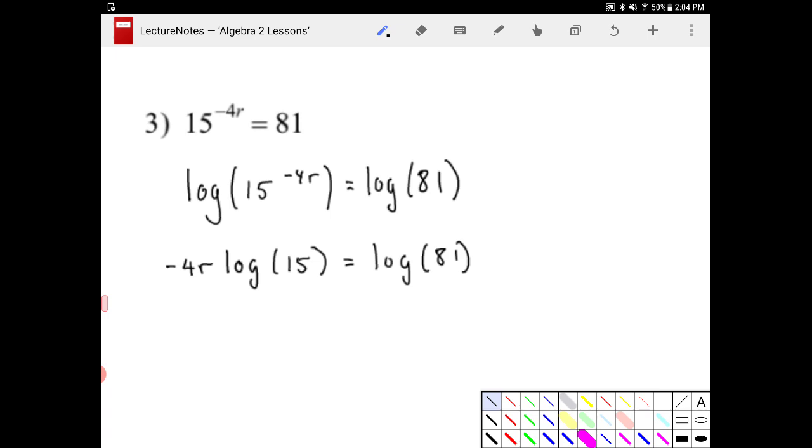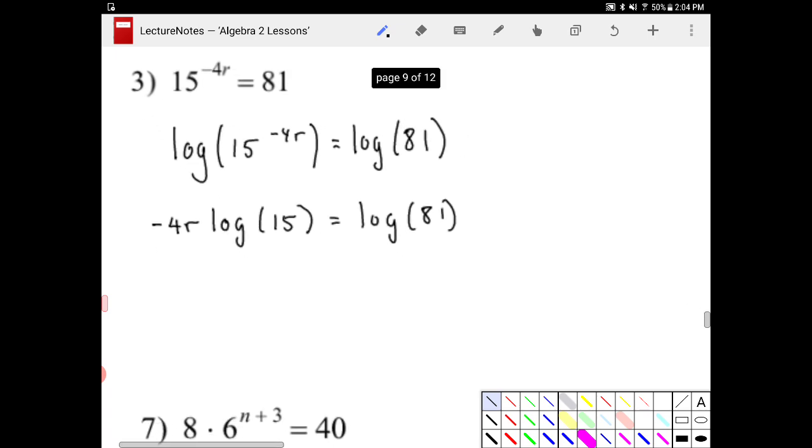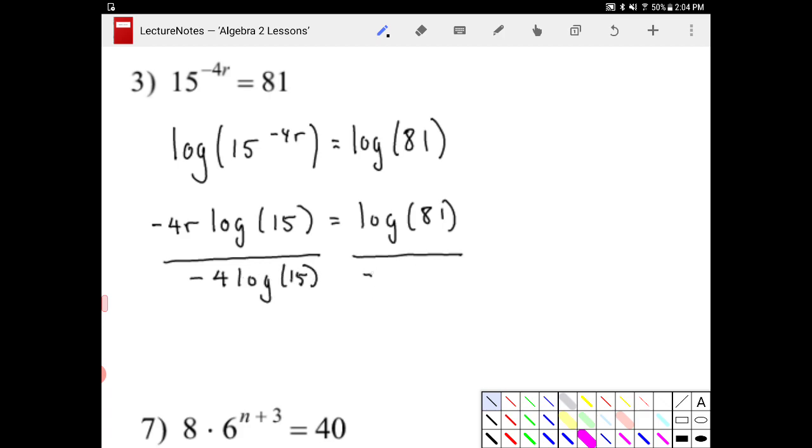Therefore, to isolate r, all I've got to do is divide both sides by negative 4 log of 15. So look at this, I now have the answer that I was looking for.